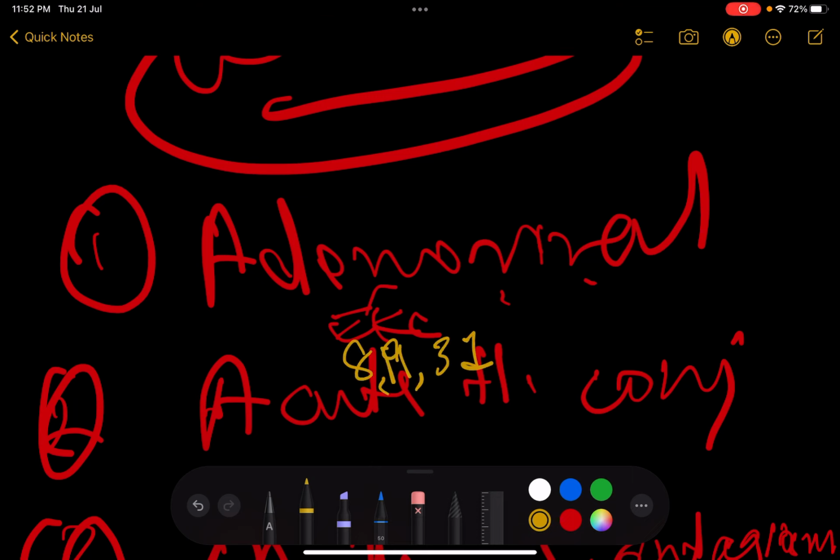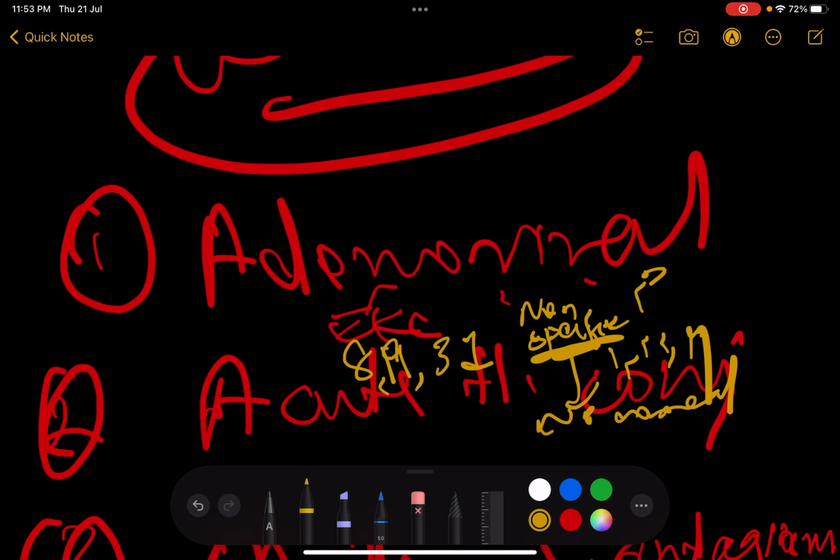Another very important one is non-specific, which basically means no corneal involvement. It's going to have types 1 to 11: 1, 2, 3, 4, 5, 6, 7, 8, 9, 10, 11, all of them. And then there's pharyngoconjunctival fever.